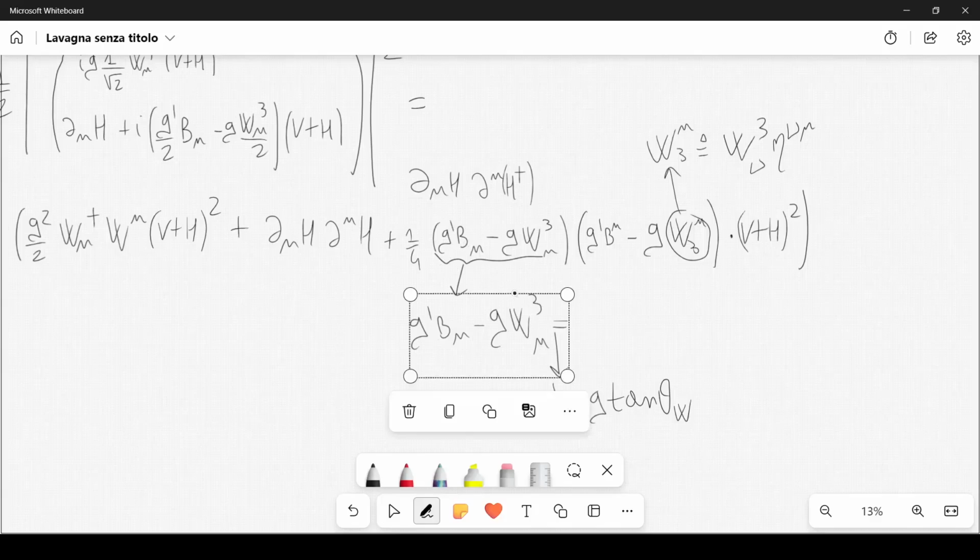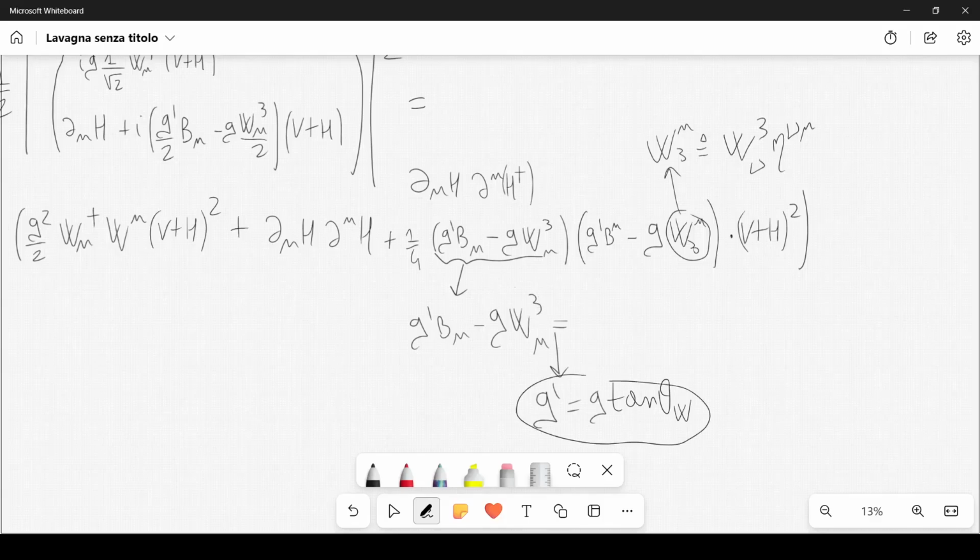So basically you have to remember that W is a vector, so we have three components for W mu, and we have one component for B mu. So of course B mu can take different values, B0, B1, B2, B3, because this is the Lorentz index. But you have to think that there is one particle associated to this B mu field, whose excitations are bosons. And from B mu, and one of the components of W mu in particular, I'm talking about W3. So the component is exactly W3, if you recall.